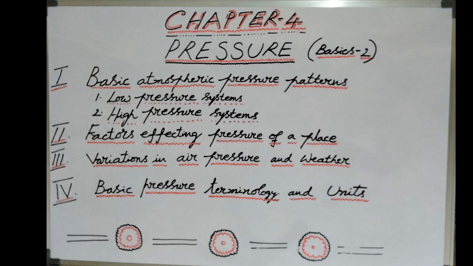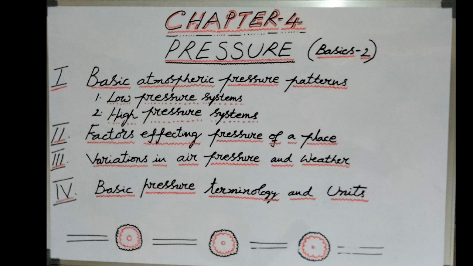Now, what are the values? 1013.25 millibars or 29.92 inches or 760 millimeters of mercury at sea level. It is considered the standard atmospheric pressure.